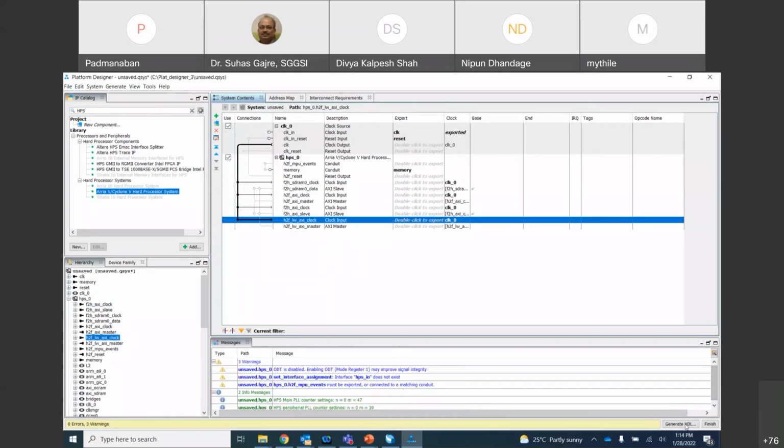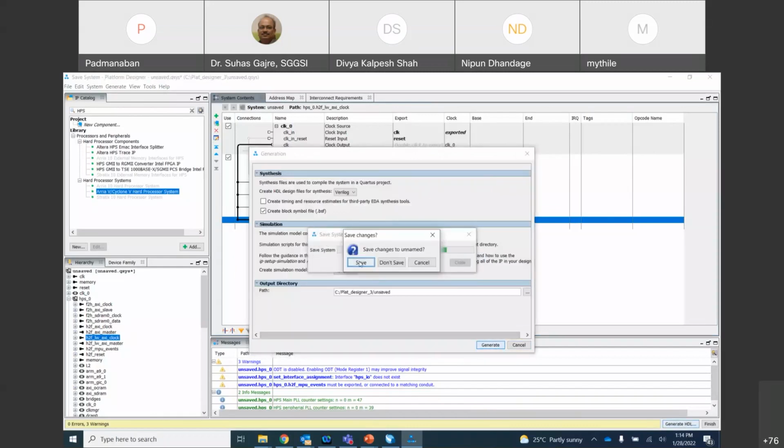Now, if you want, you can generate this here. You can say generate. It will save.